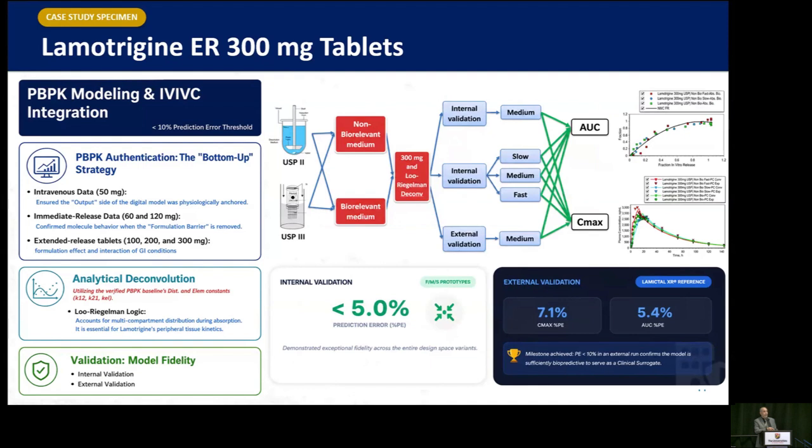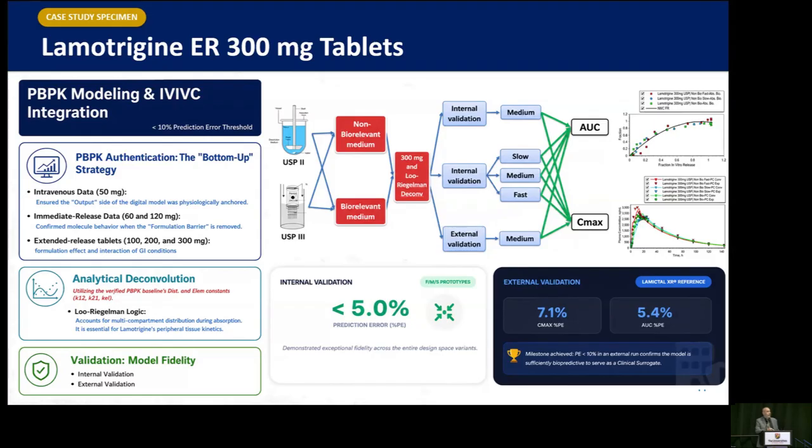And we have used the two approaches for internal validation, where we have built the model with three formulations, and we were only predicting the medium from the three, or even predicting the three formulations. And we have used external validation here when we build the model using the low release and the fast release, and we predict the medium release as it is not considered in the model in this case.